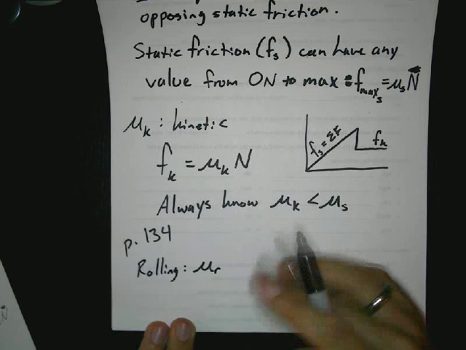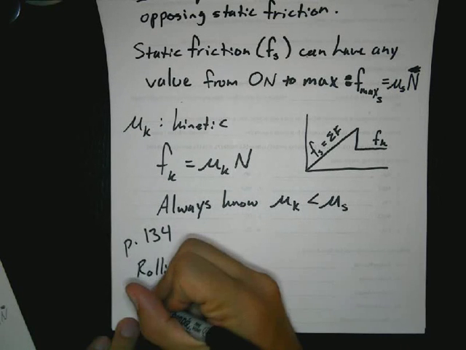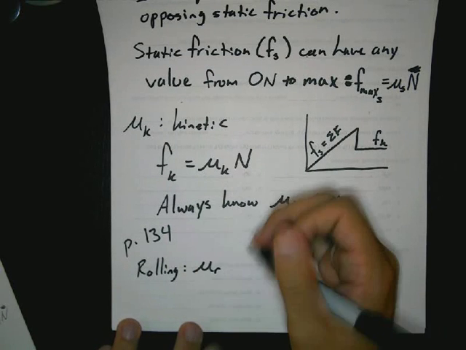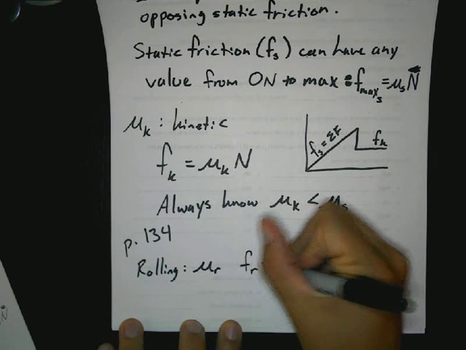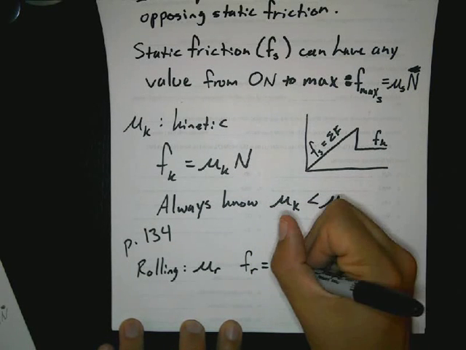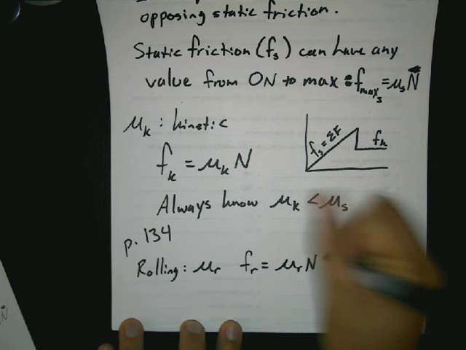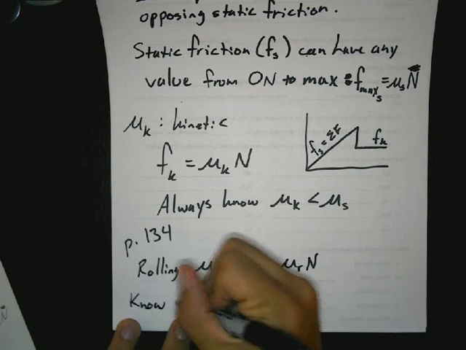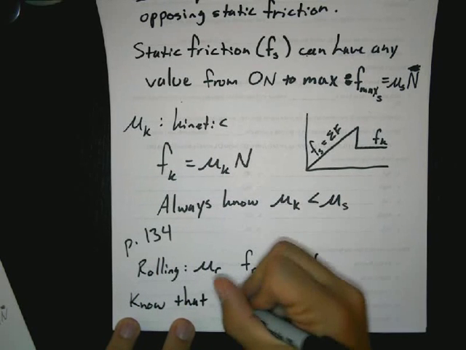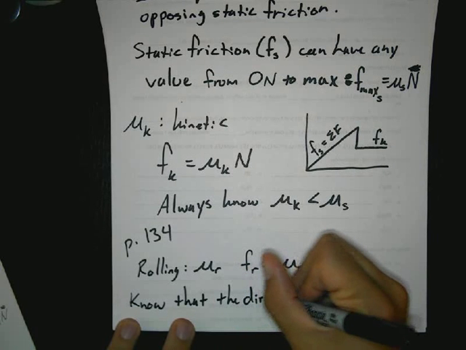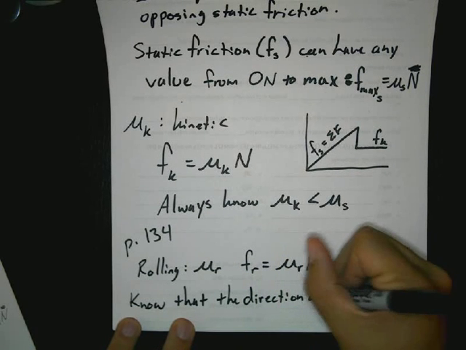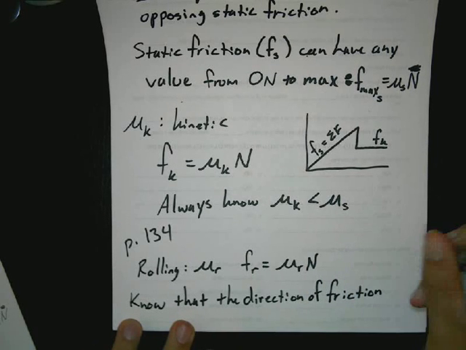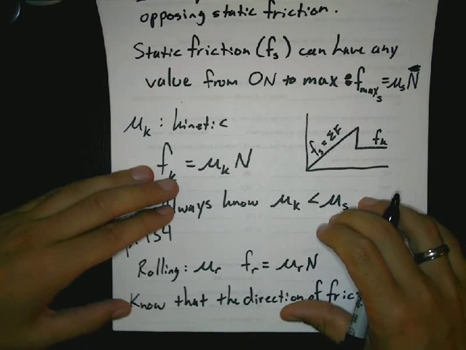And then for all of these, the reason why we haven't been putting arrows on the top is because you have to know that the direction of friction, no matter the type, all types of friction, are the exact opposite of the direction of motion.